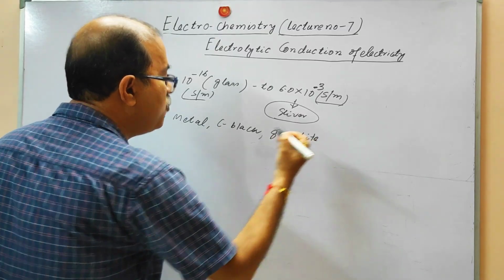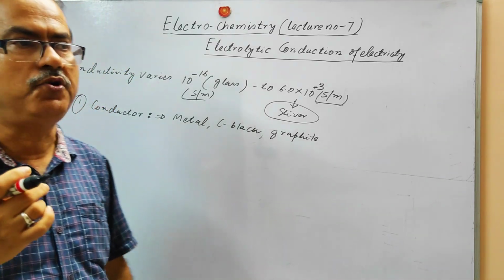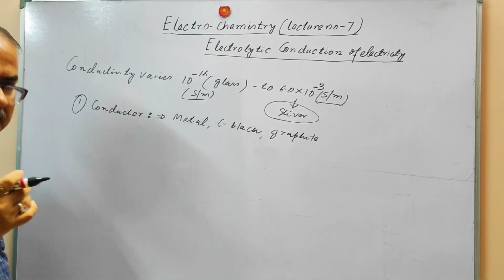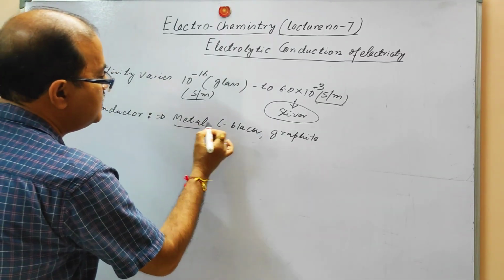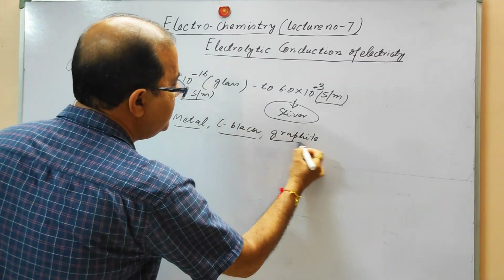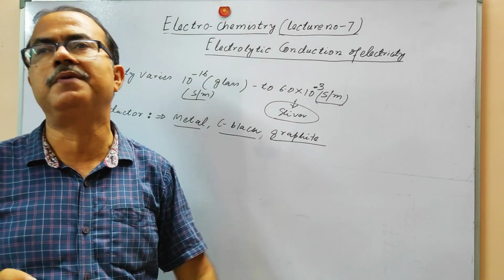Nowadays some polymers are also conducting, and for that a lot of scientists have been awarded the Nobel Prize. So metals, carbon black and graphite are basically the conductors. They allow electricity to pass through.